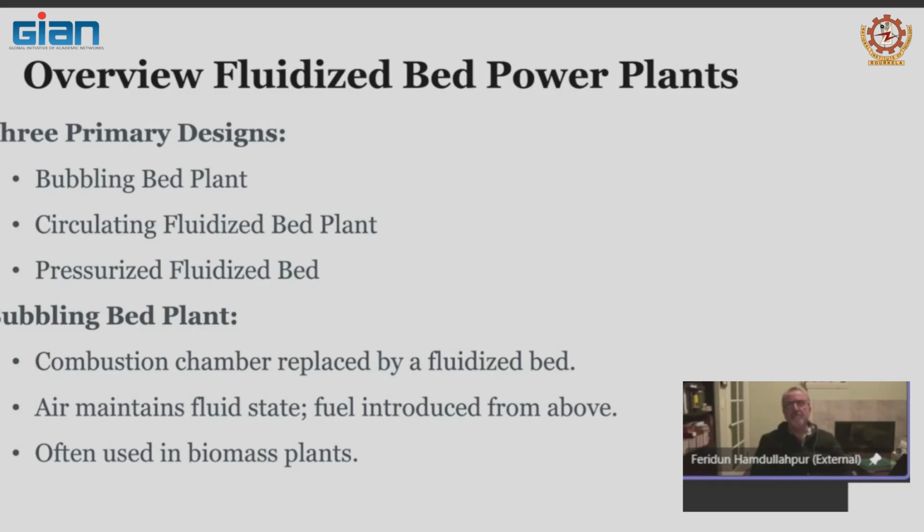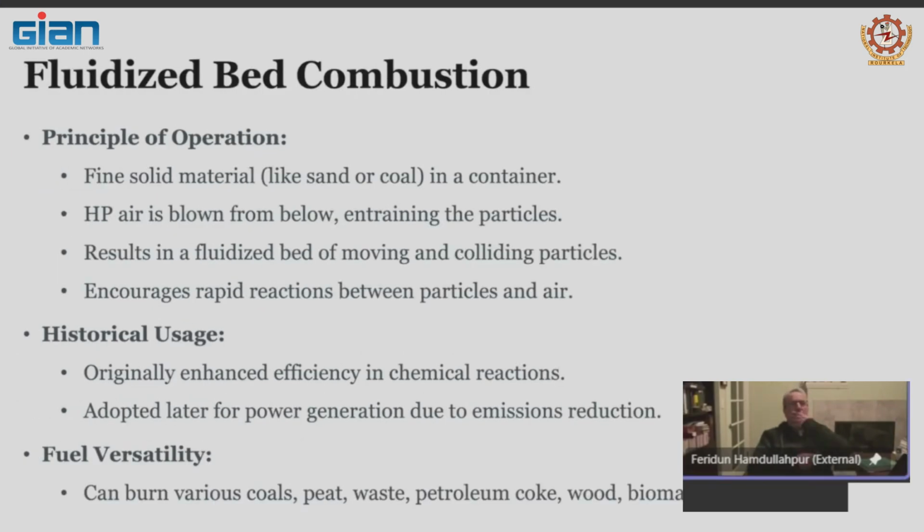Most of my designs of bubbling beds were for biomass applications, mostly for gasification type. Some of my bubbling bed designs were simply for incineration purposes, so that waste or some agricultural biomass that could not be gasified could be burned to get rid of it.